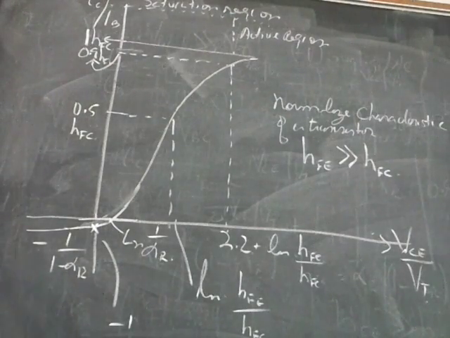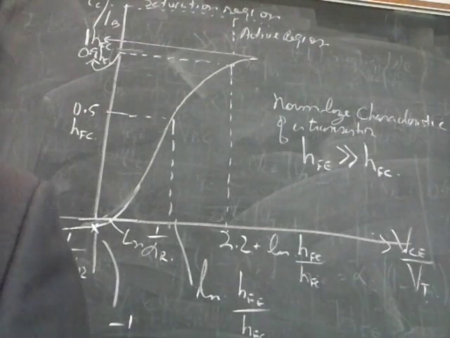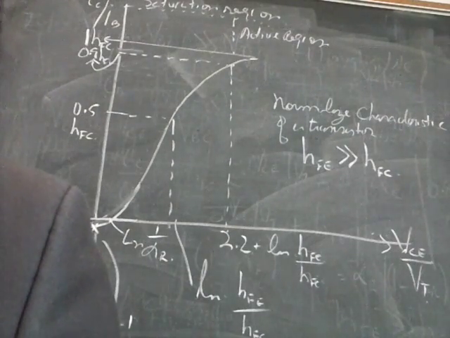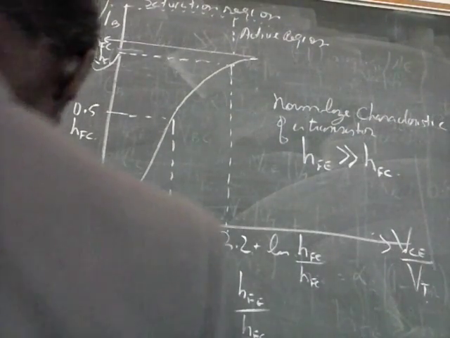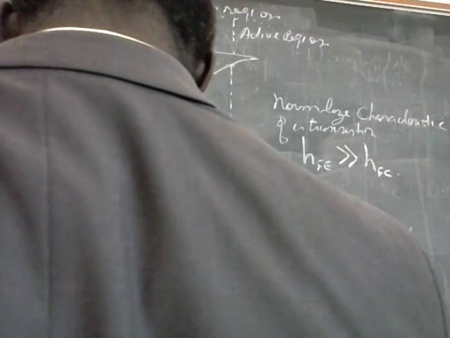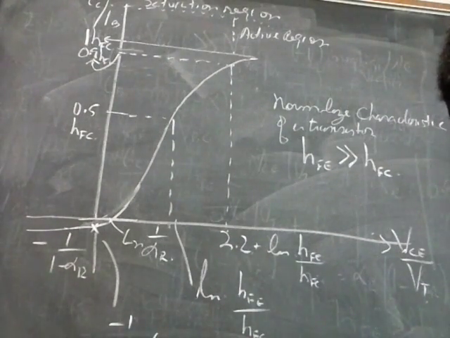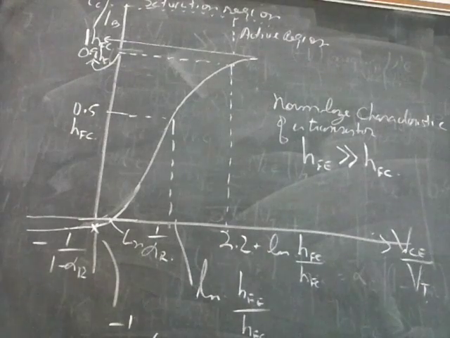What we have though is that VCE sat is approximately equal to VT log 9 HFE over HFC.